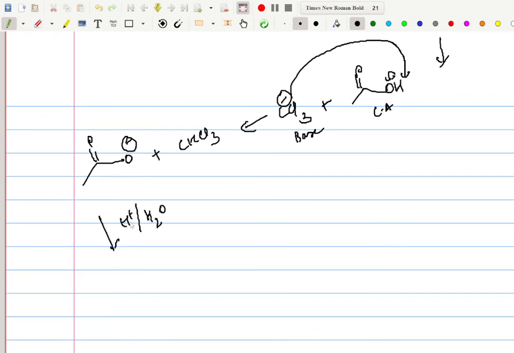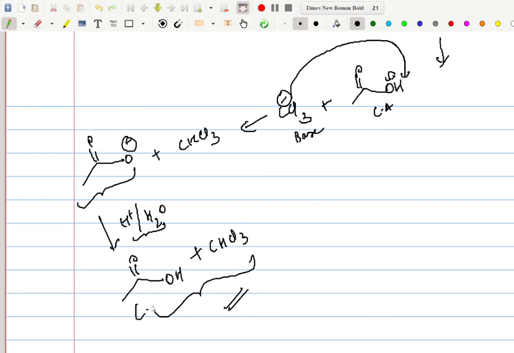If there was no acidic workup, your reaction would have stopped at this stage, because now we have to neutralize this carboxylate ion. The carboxylate ion is neutralized by this acidic workup, and you get your haloform, which is chloroform in this case, and the product. This is the carboxylic acid and the chloroform.